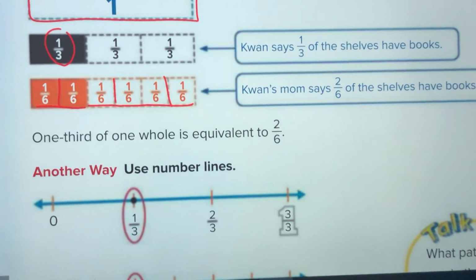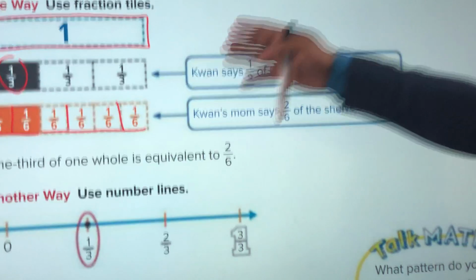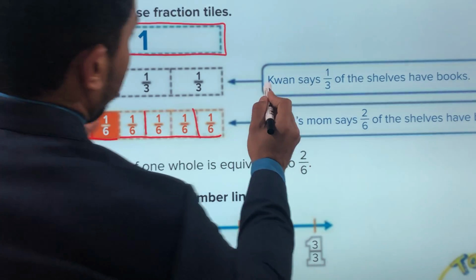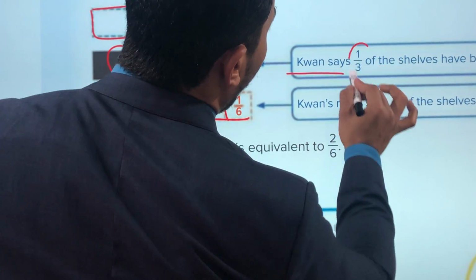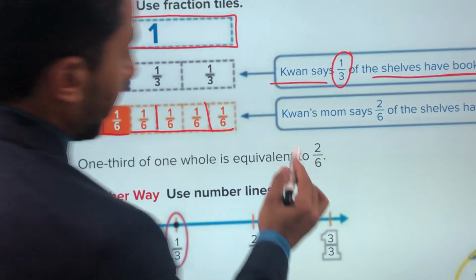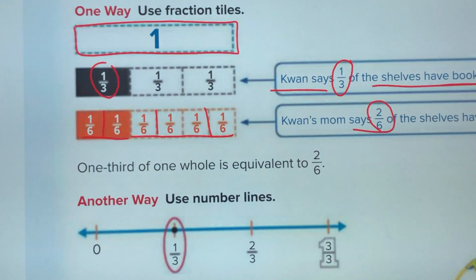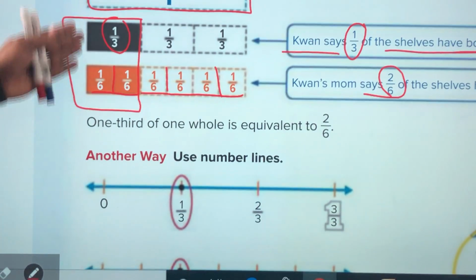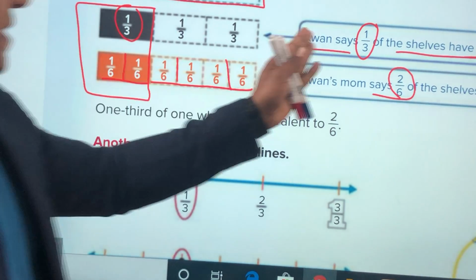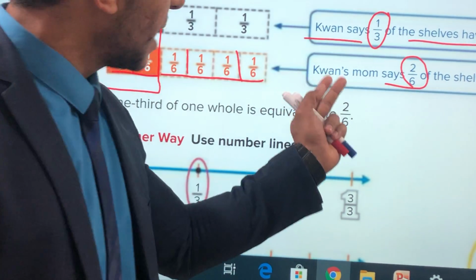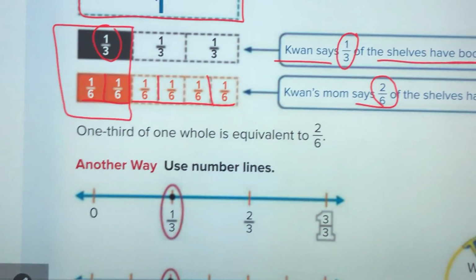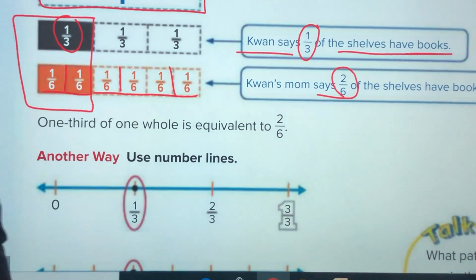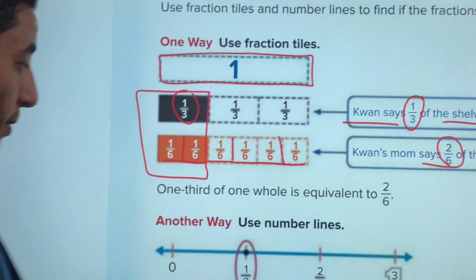It's 6. Good. Compare 1/3 and 2/6. One says 1/3 of the shelves have books, and his mom says 2 out of 6. The same or not? If you look here, the same part, yes. Correct, yes or no? Yes, the same, because they are equivalent fractions.